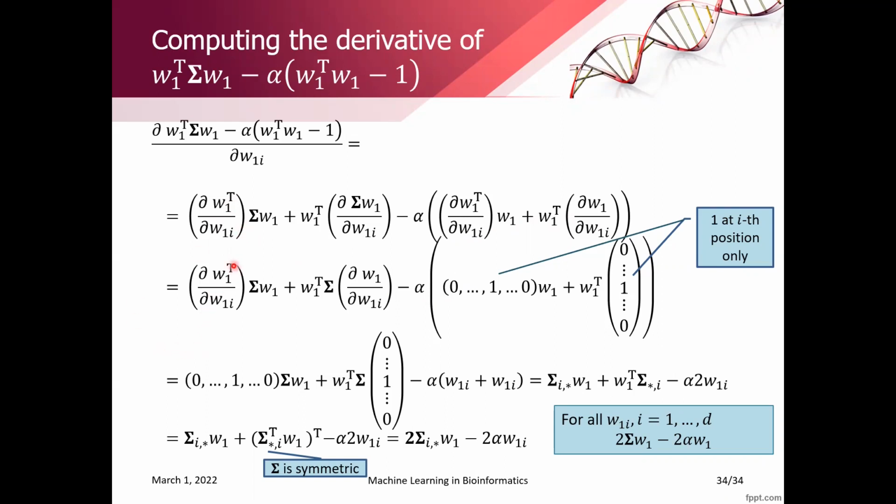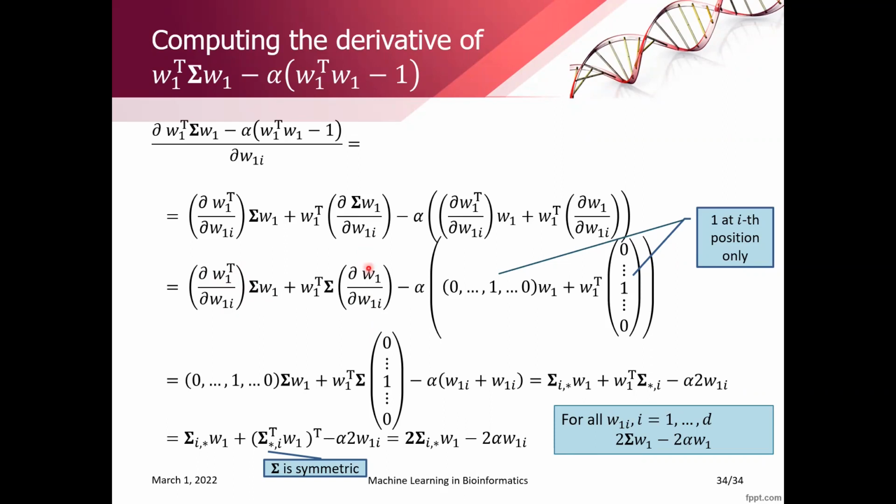So we obtain just a column vector. Oh no, W sub 1 is a column vector, so its transpose is a row vector where all entries are zero except the ith element, which will be the derivative of W sub 1i according to W sub 1i, so this will be 1.